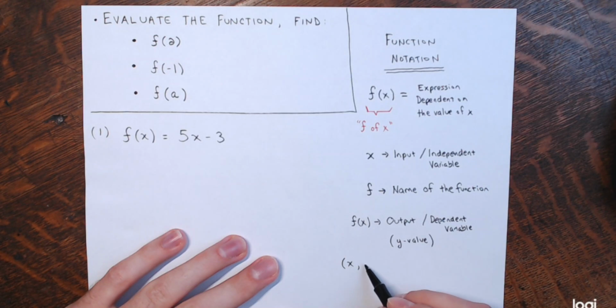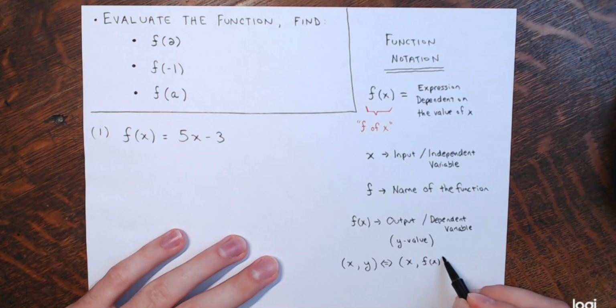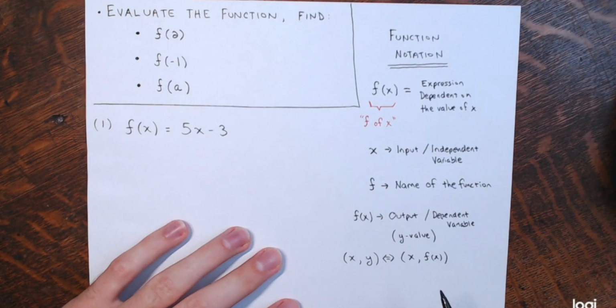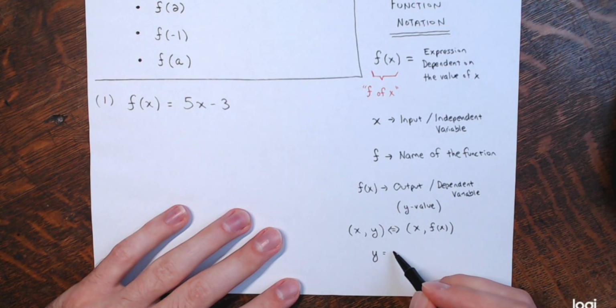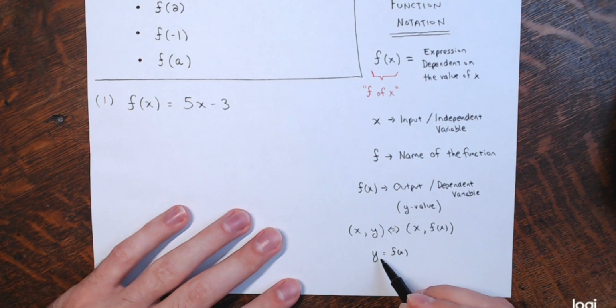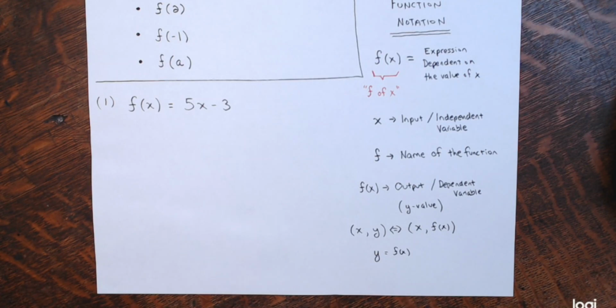So x comma y in ordered pair talk is exactly the same as x comma f of x. I mean exactly the same thing. Or y equals f of x. The output variable is whatever the value of f at x is.